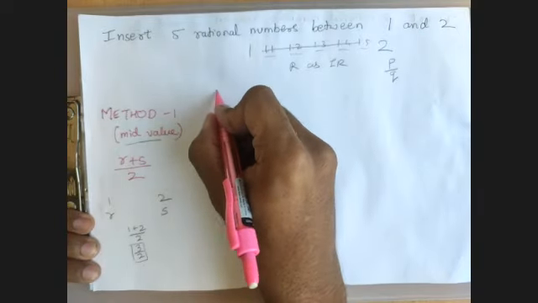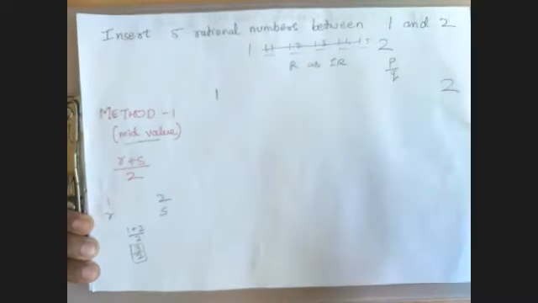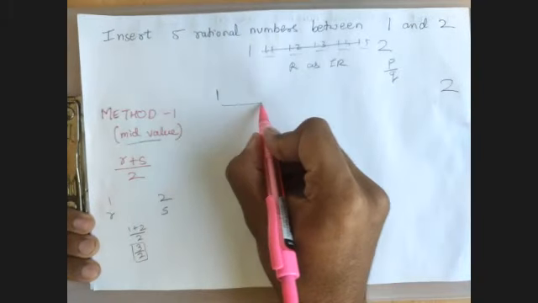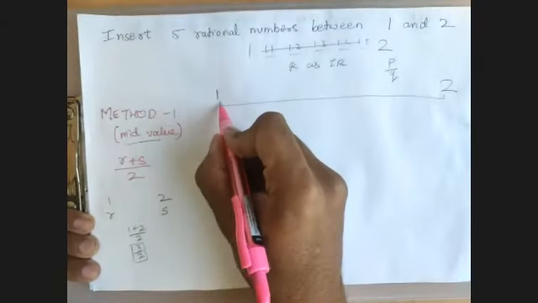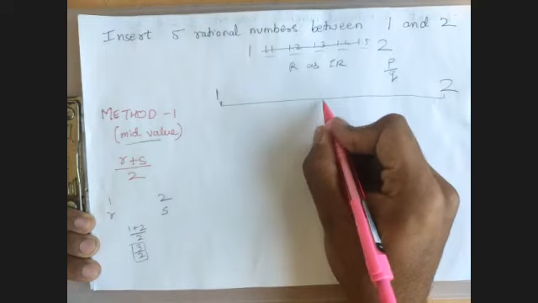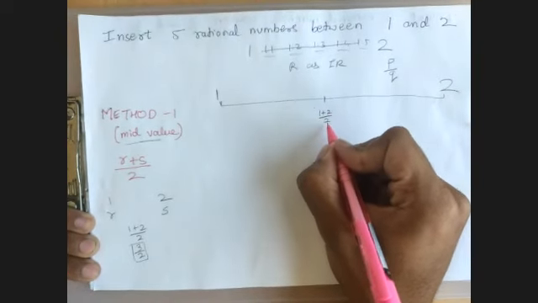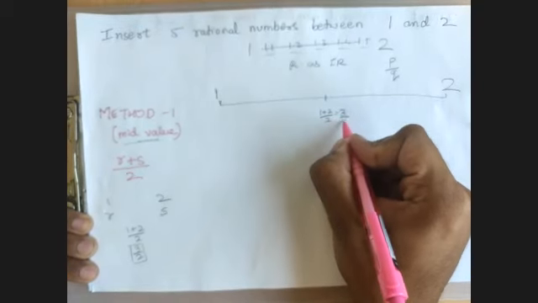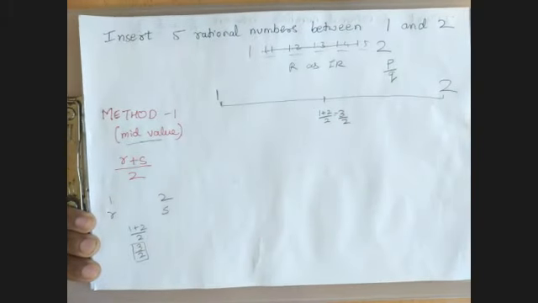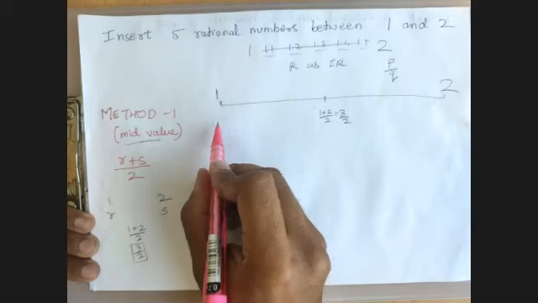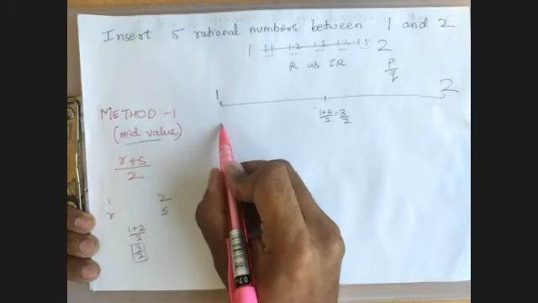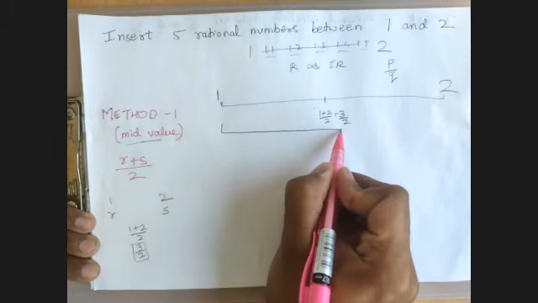We'll start with this. We have 1, we have 2, and we will take the midpoint of these two values. That is 1 plus 2 by 2, that is equal to 3 by 2. Okay, so this is a number. Now I take the midpoint between 1 and 3 by 2.